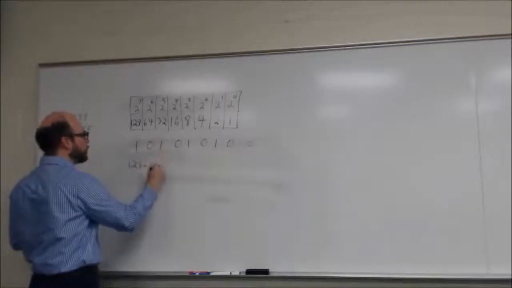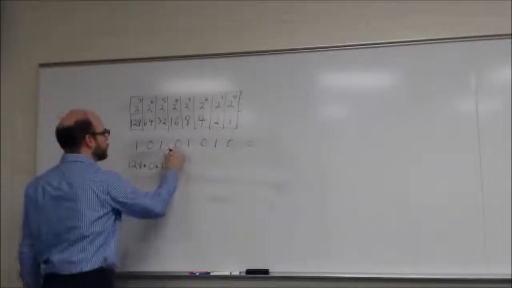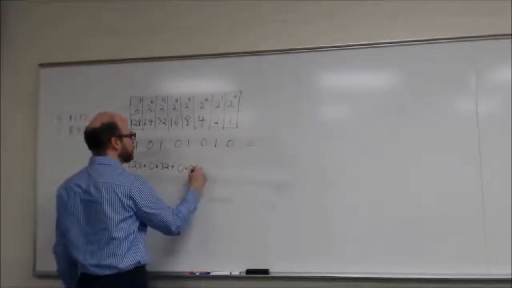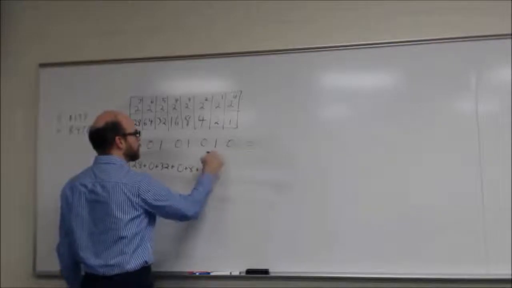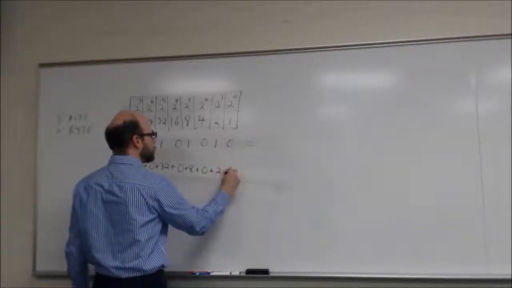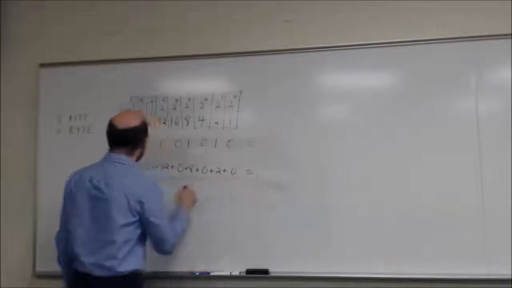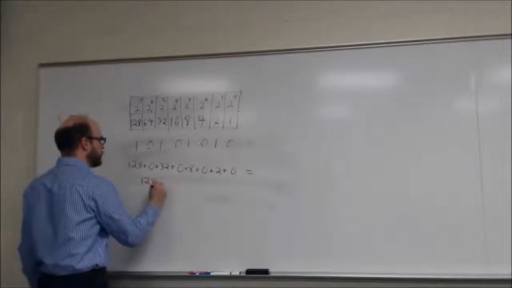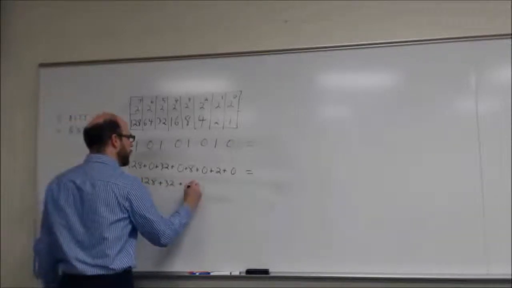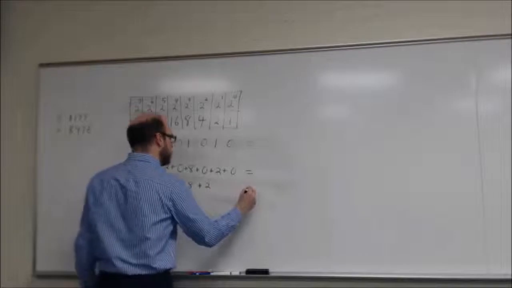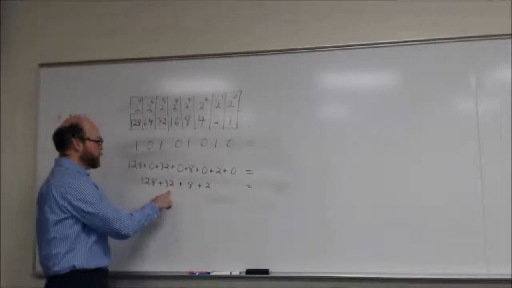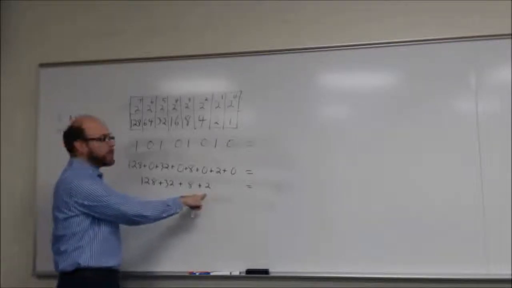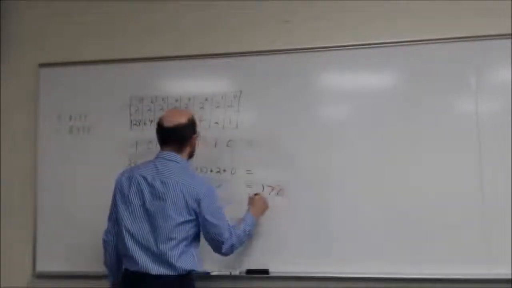I've got a 1 in the 32 place, another 0, a 1 in the 8 place, another 0, a 1 in the 2 place, and a 0. So now I just need to add up what I've got here, and if I want to simplify it, I can do 128 plus 32 plus 8 plus 2. So 128 plus 32 is 160, plus 8 is 168, and plus 2 is 170. So my answer is 170.